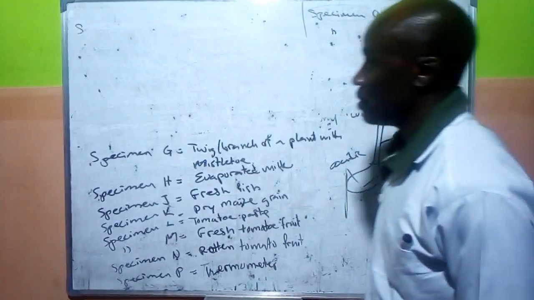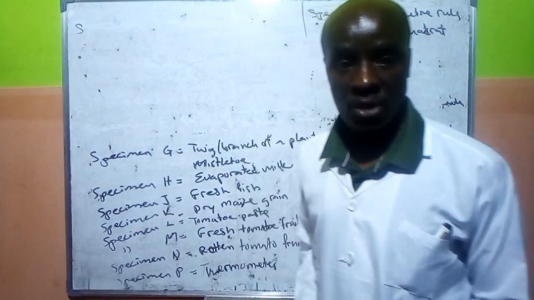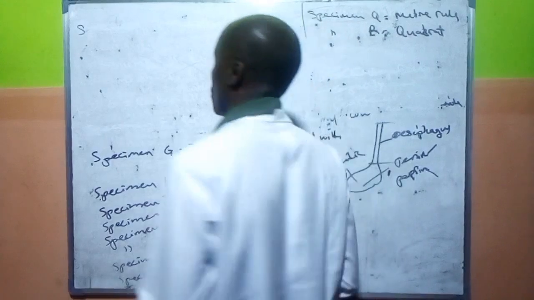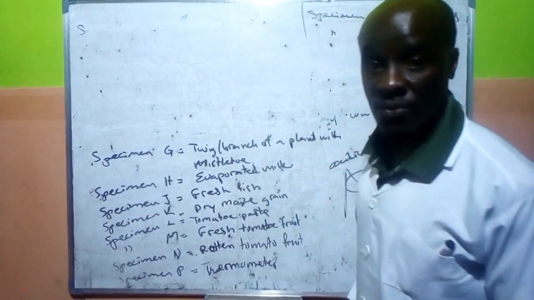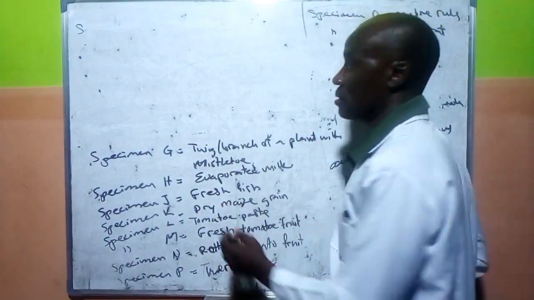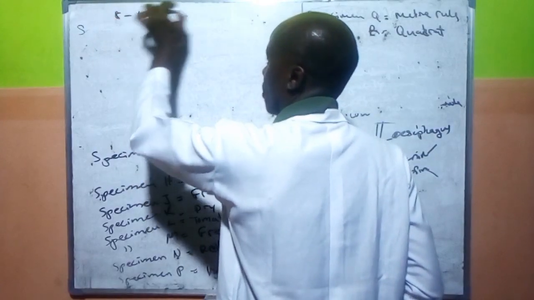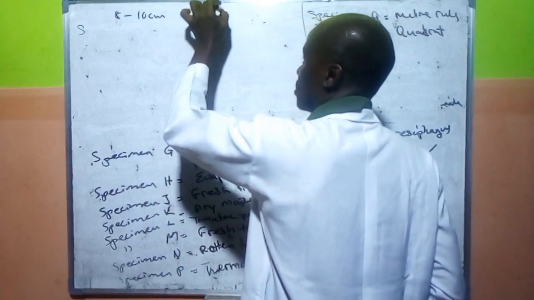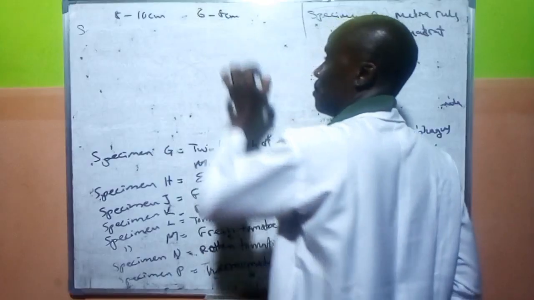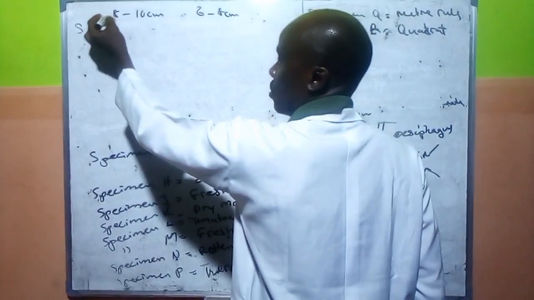Now the fish, I believe that we might be drawing the fish. In most cases these days, they will give you the length you want. Sometimes you have 8 to 10 cm or 6 to 8 cm. Whatever may be the case, make sure that you don't go beyond this number.